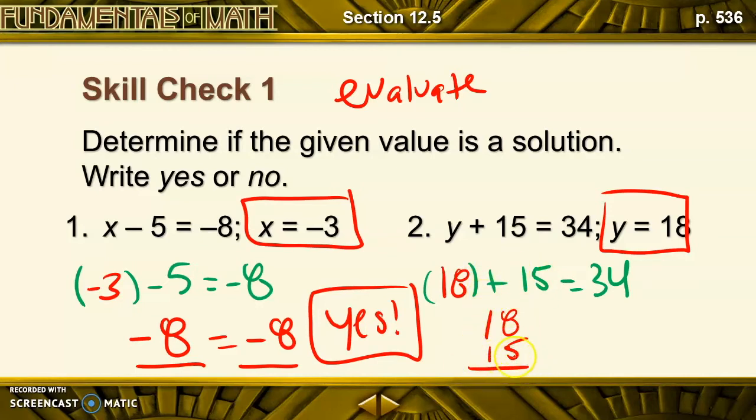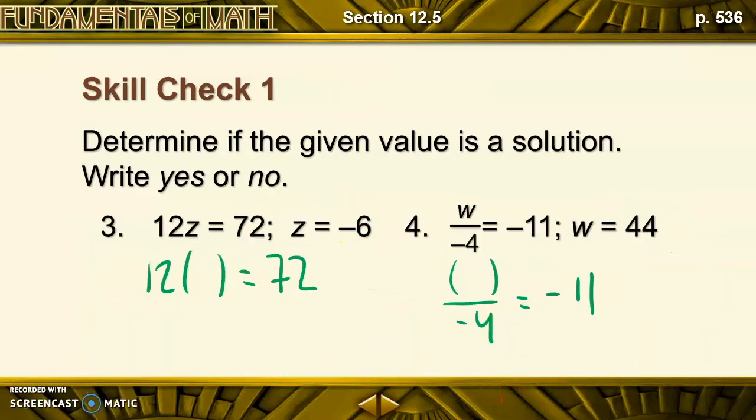When I add these together, 8 plus 5 is going to be 13, and I get 33. Does 33 equal 34? Is this the same? I'm going to say no. So is 18 a solution to this equation? No, it is not a solution. Cool? Cool.